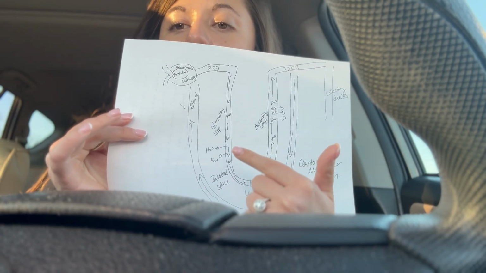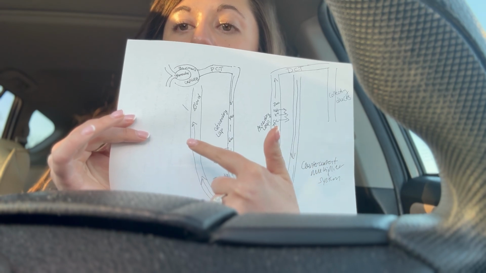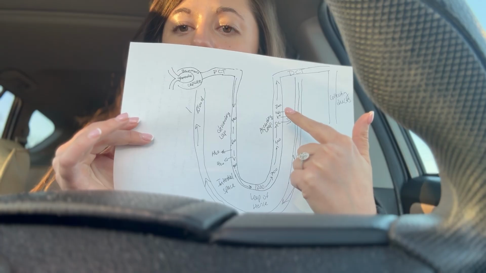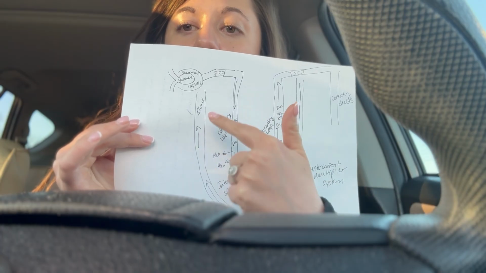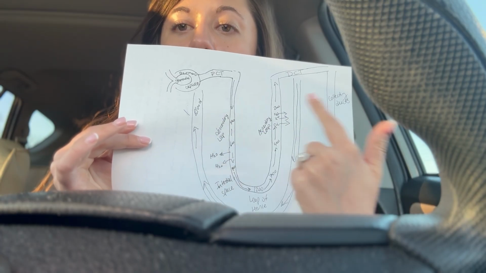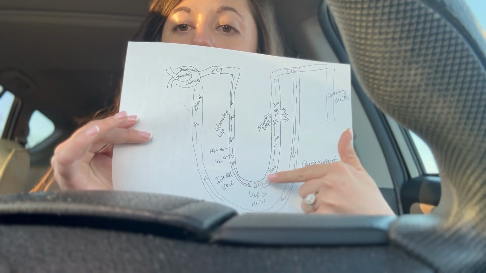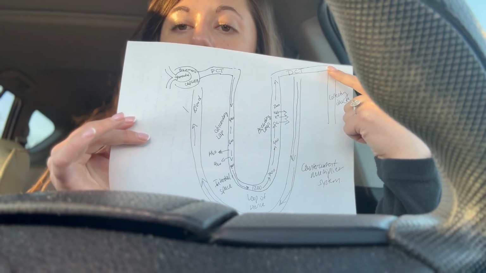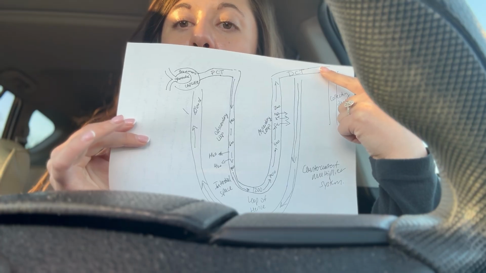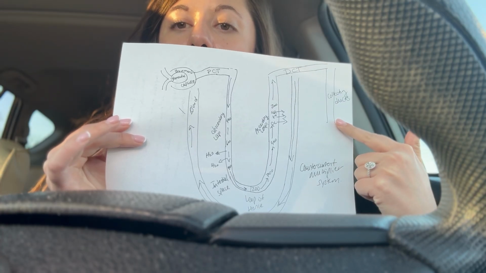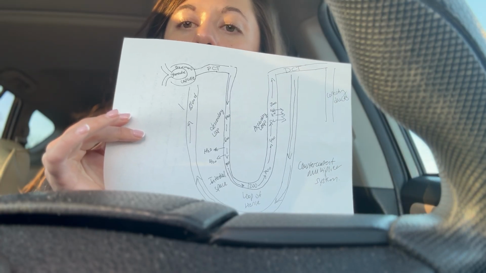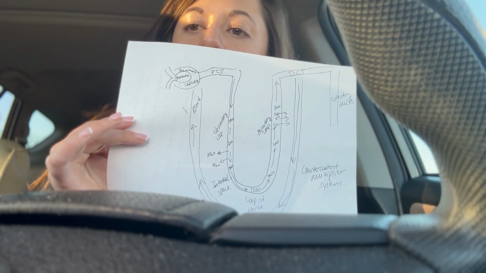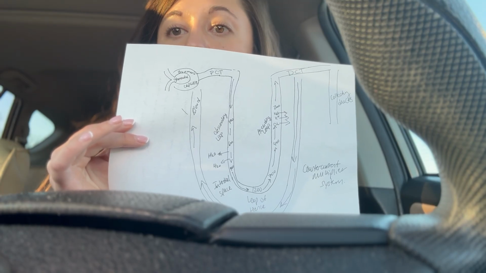And so instead of going back into the blood, the water just stays in the filtrate, as do the solutes, and eventually they flow into the distal convoluted tubule, then down into the collecting ducts, and then out of your kidney into your ureters, down into your bladder, and out through your urethra.